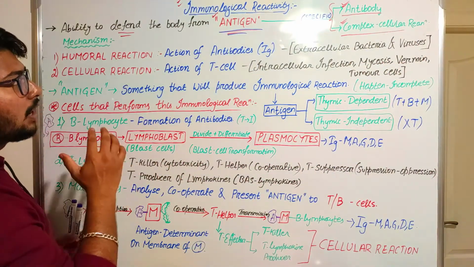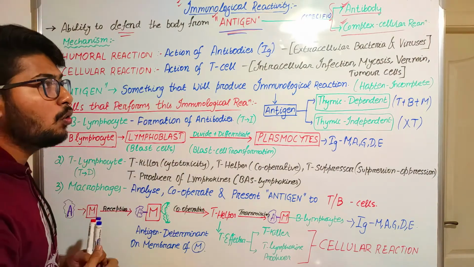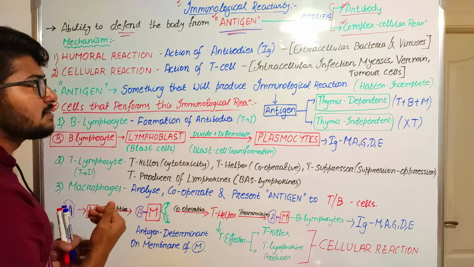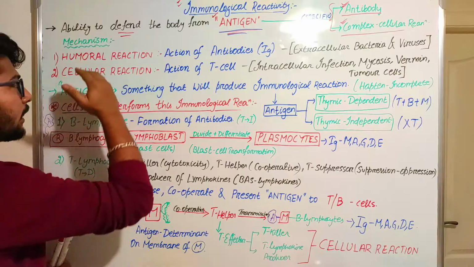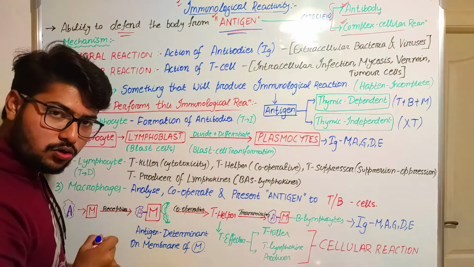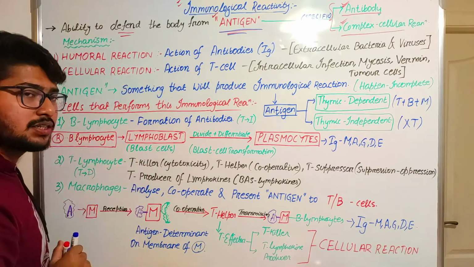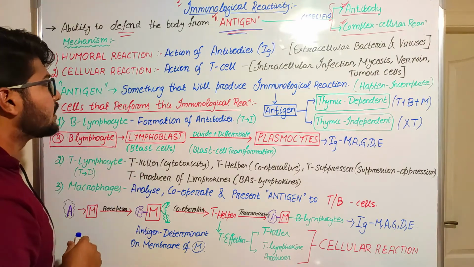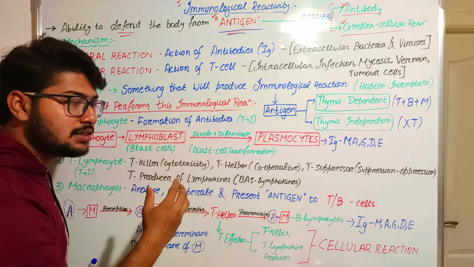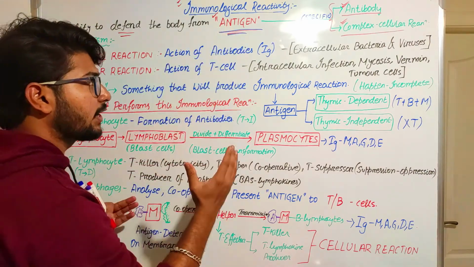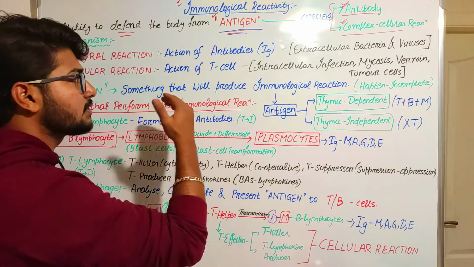So as we defined the immunological reactivity, we should know what are the mechanisms through which it occurs. There are two mechanisms of the immunological reactivity: the first one is the humoral reaction and the second one is the cellular reaction. Yes, these two are the reactions through which our body will defend against the antigen.